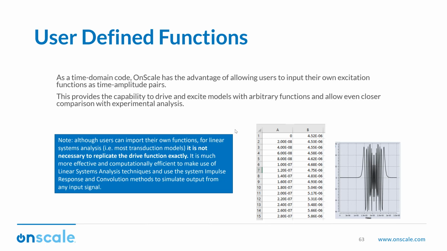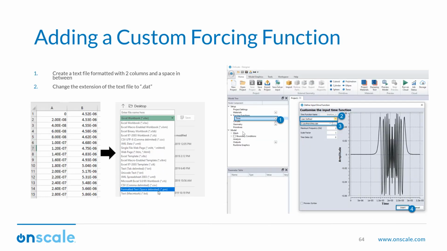Now, how do you add a custom function if you still want to do that? The way I generally do it is like this. You start from the Excel file and save it into a formatted text, space delimited format, which is called PRN in Excel, and then you change the extension of the file to .dat, so you're able to import it in the designer mode.